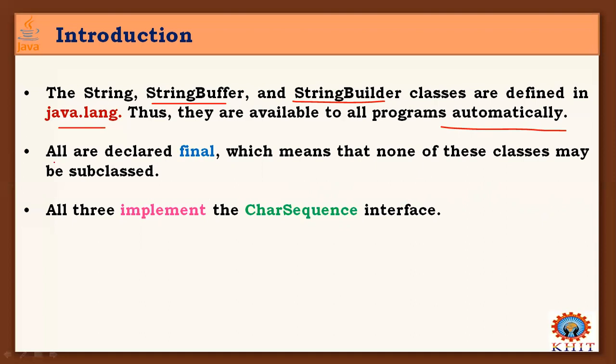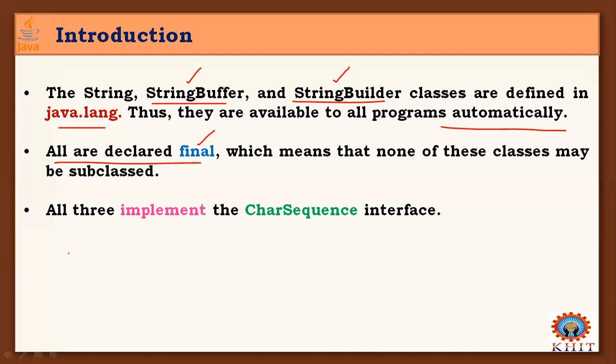Next one, all are declared final. All are declared final, which means that none of these classes may be subclassed. This is about StringBuffer and StringBuilder. Both are classes defined in the package as final. That means that no one can subclass them. That means not for inheritance.